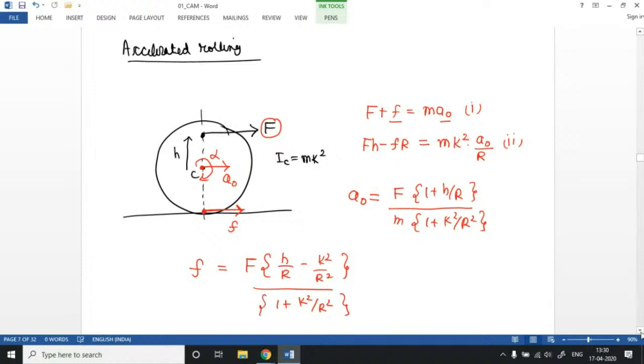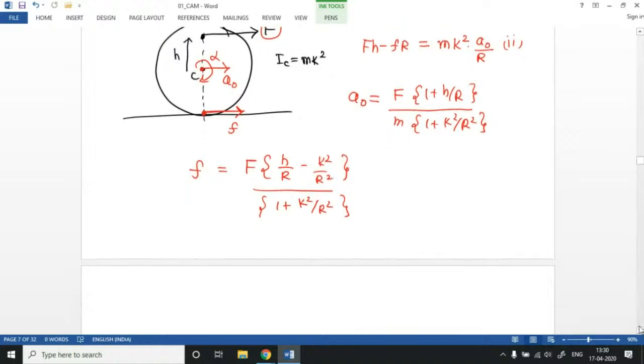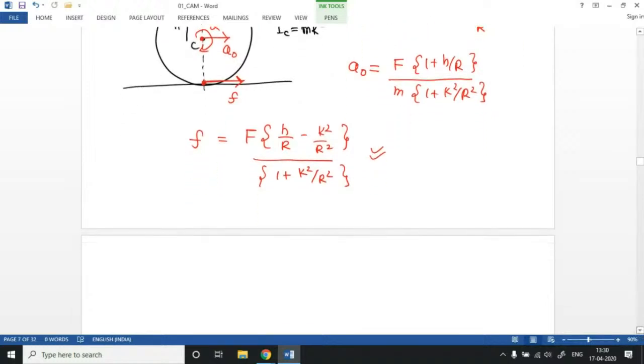In the very beginning we were worried about the direction of friction, and this equation tells us that. While writing these equations, we assumed the direction of friction to be forward. If this quantity is positive, our friction is in the forward direction, and if it is negative, the friction is in the backward direction.